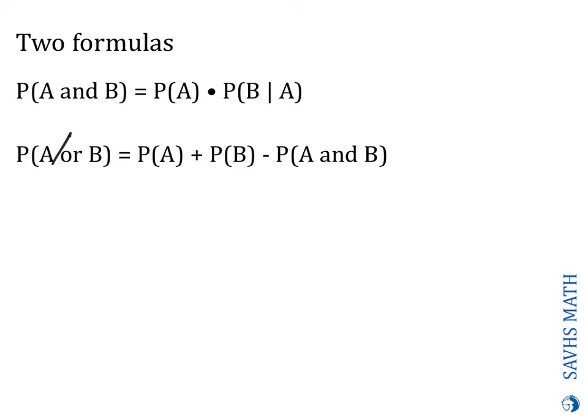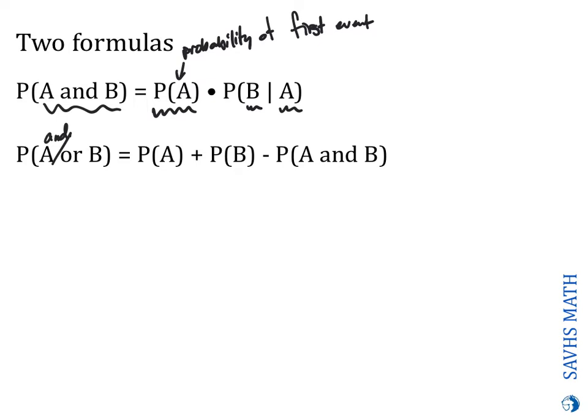This is last year's slide, so we should make sure we have an "and" here. Okay, so if we have just an "and," not an "or," we are looking at the probability of A, which is just the first event, times the probability of the second event, given that the first event has happened.